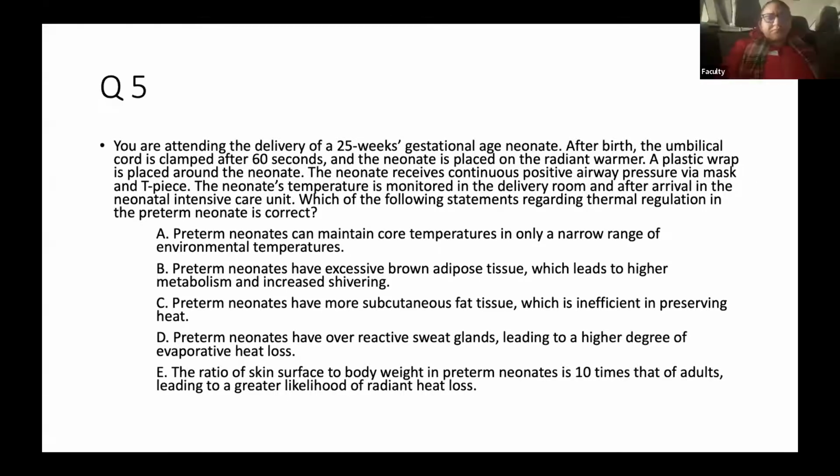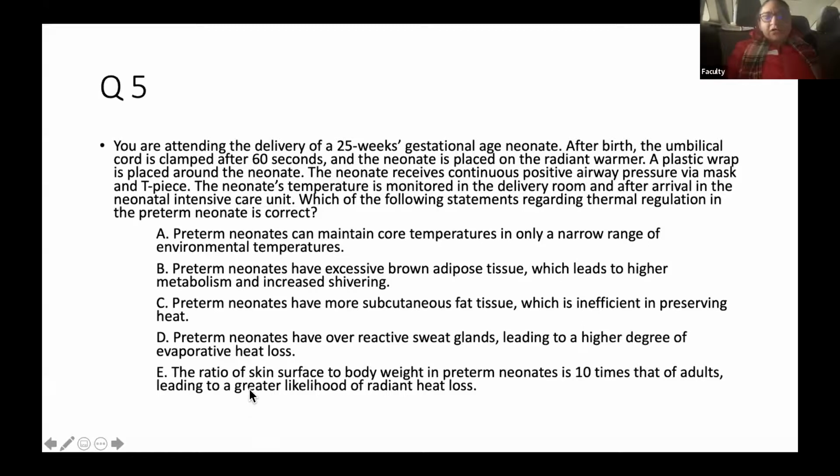It's A, because the preterm neonate can maintain a core temperature in only a narrow range of environmental temperature. And that's why we have to be very careful when we keep the environmental temperature in extremes.